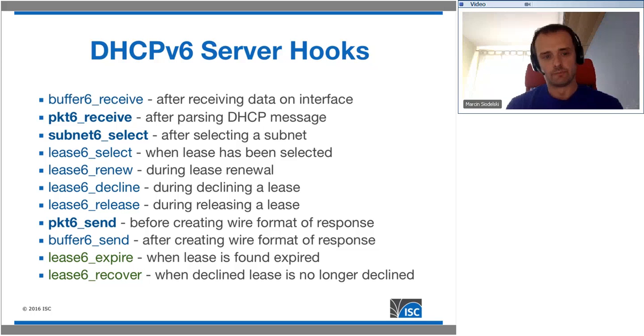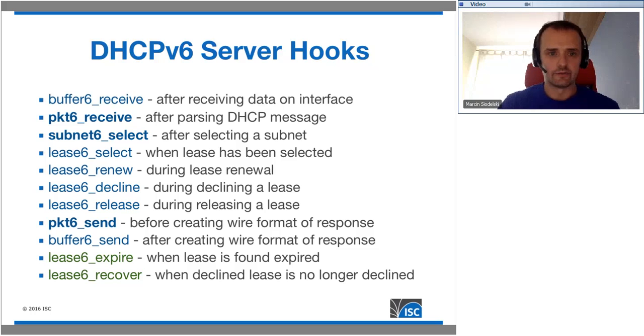The bold blue hook points are those that we are mostly interested in today because they are included in the user check library that we will be using today for the demonstrations, and I will show you the internals of those callouts within the user check library.